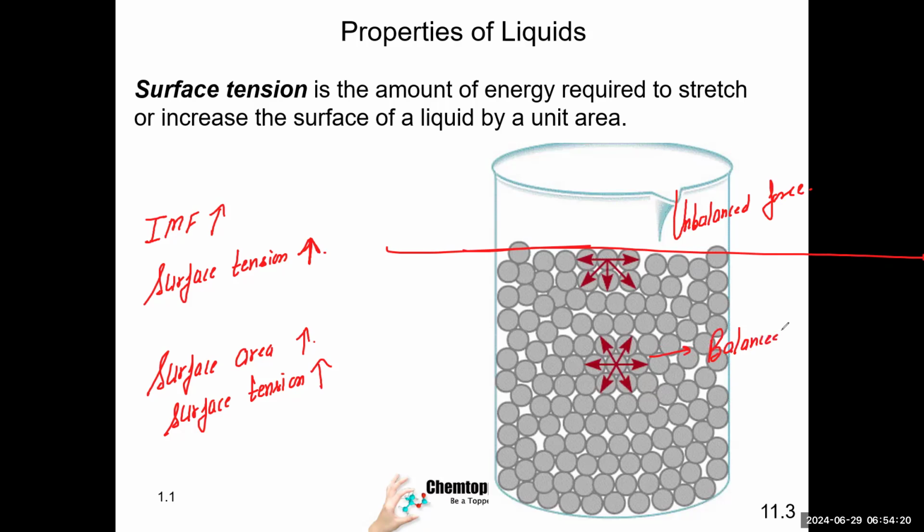Which one is nature going to like, the unbalanced or balanced? The balanced. So what does nature want, high surface area or less surface area? Less surface area. So when water is free falling, is it going to fall flat, spread out like this? Or is it going to fall like this? Which one is better?